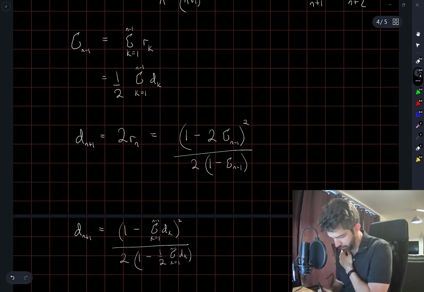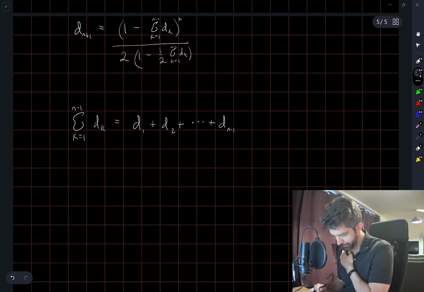I've got some index problems here. I need to put a plus 1 there. I need to get rid of the minus 1 there because we're doing the induction step.